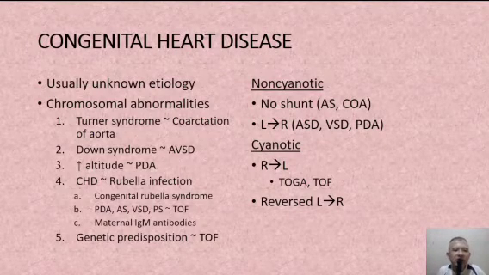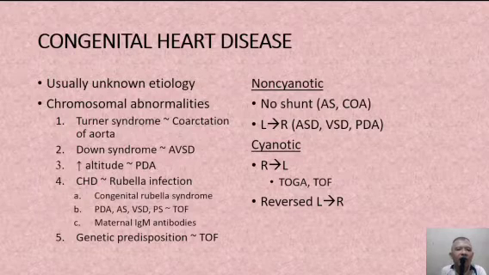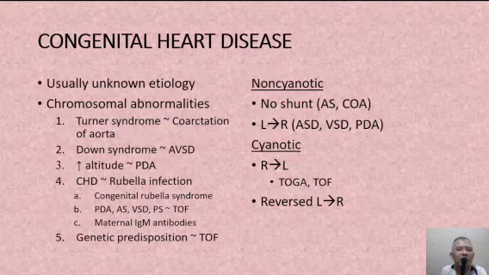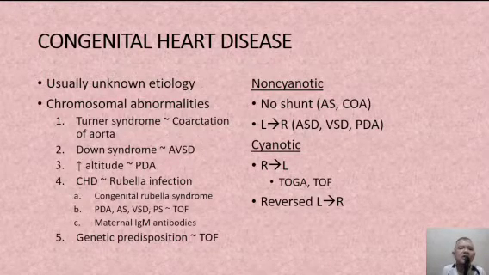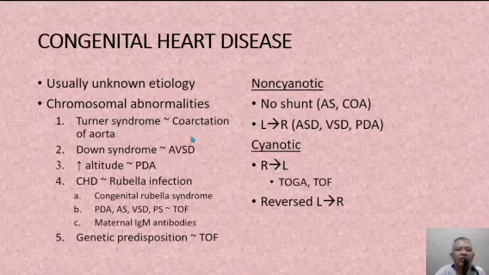Congenital heart diseases are usually unknown in etiology. There's no really known cause. However, several of these congenital heart diseases are associated with chromosomal abnormalities. For example, Turner syndrome is associated with coarctation of the aorta.